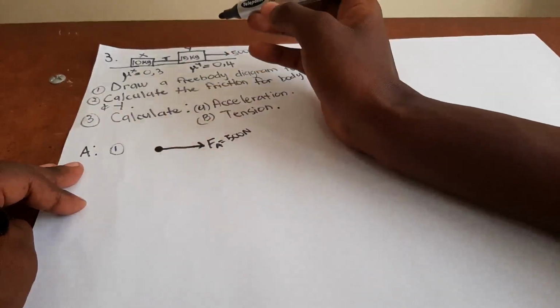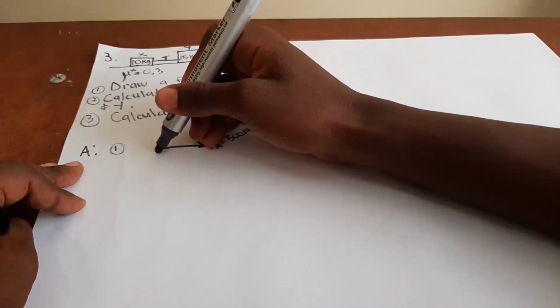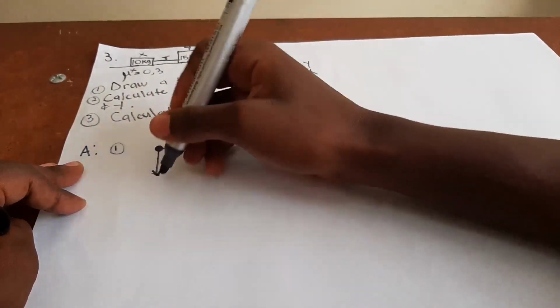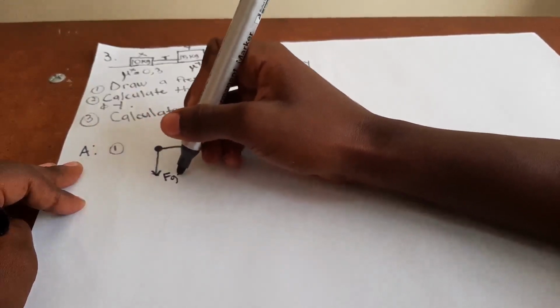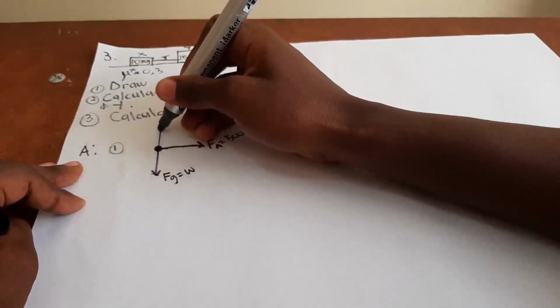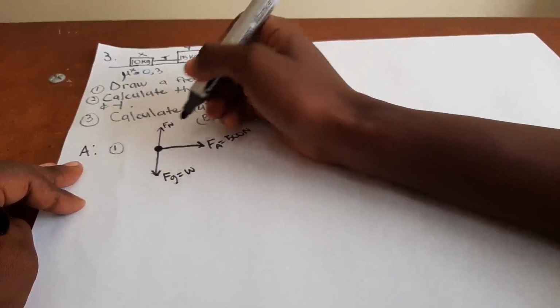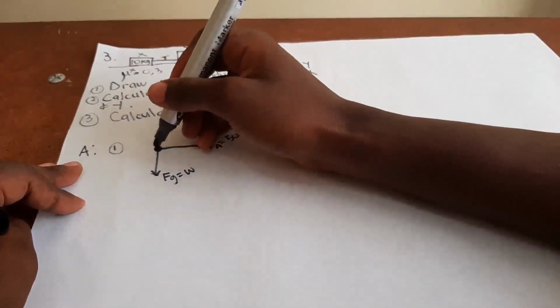We also have gravitational force, because it's on the surface, which is equal to weight, and we also have our normal force at equilibrium with the gravitational force.